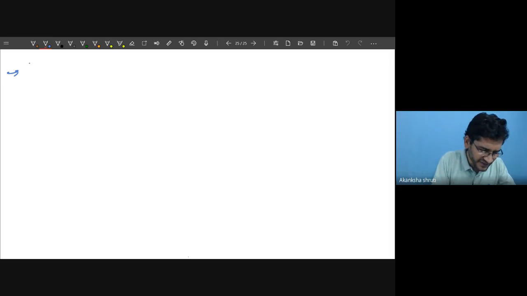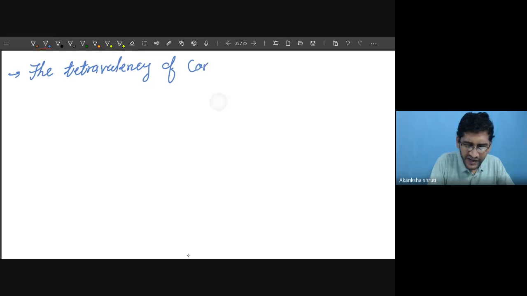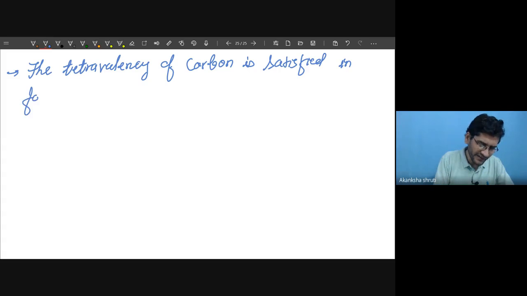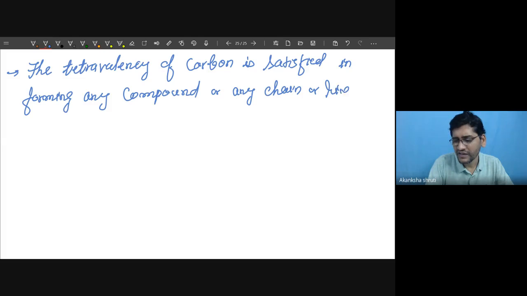So the tetravalency of carbon is satisfied in forming any compound or any chain or ring.